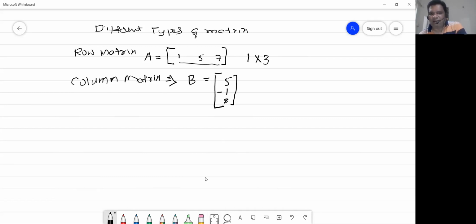Now, what is the order? Number of rows into number of columns. How many rows are there? 1, 2, 3 rows. And how many columns? Only one column. So the order of the matrix is 3 into 1.